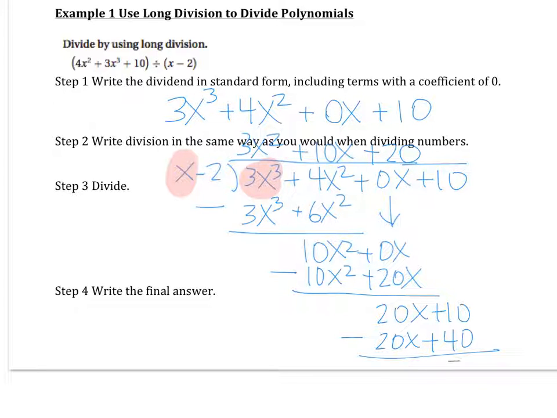Subtract turns that to a plus. And so you write your answer, what you have at the top there, 3x squared plus 10x plus 20. The 50 is a plus, and that's the remainder over your divisor.